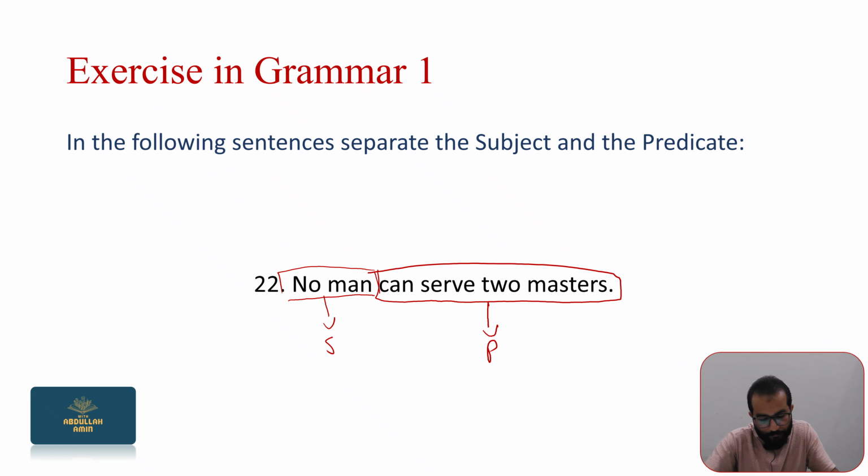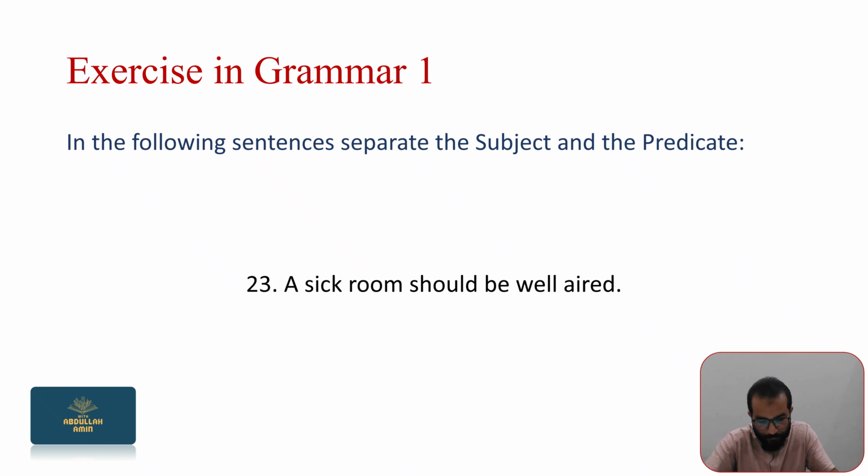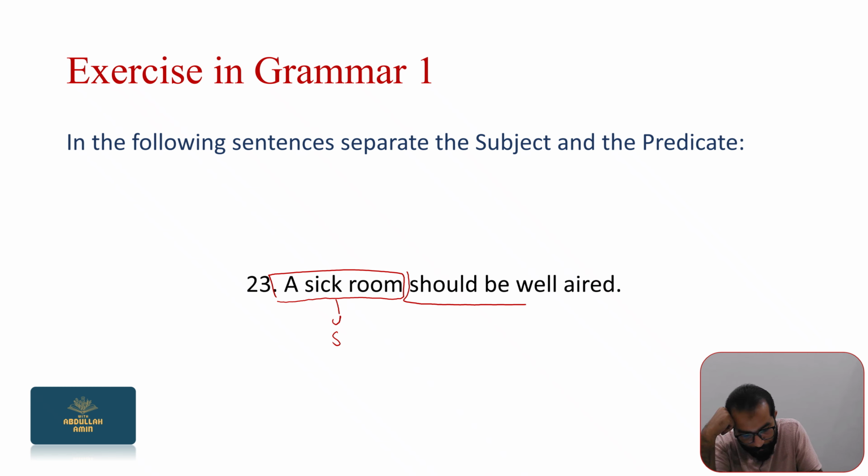No man can serve two masters. So no man is the subject, can serve two masters is the predicate in this example. Moving to the 23rd example, it says a sick room should be well aired. So over here, this part, a sick room is the subject, should be well aired is the predicate in this example.